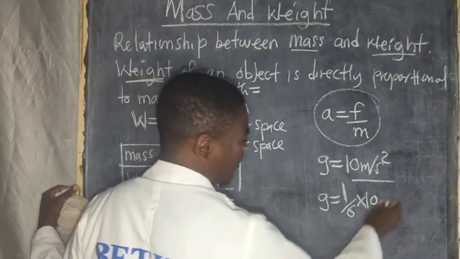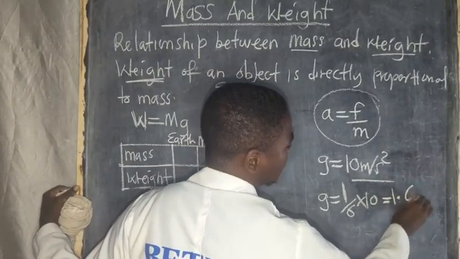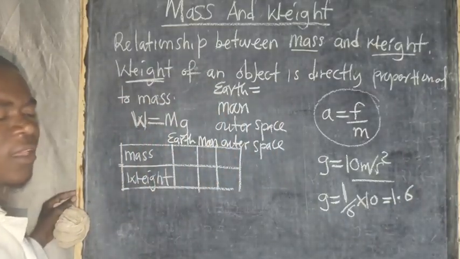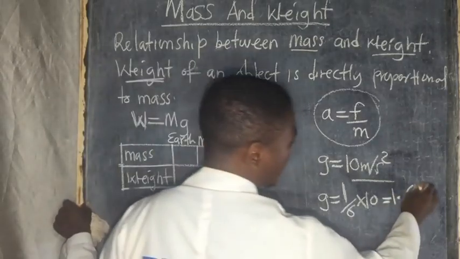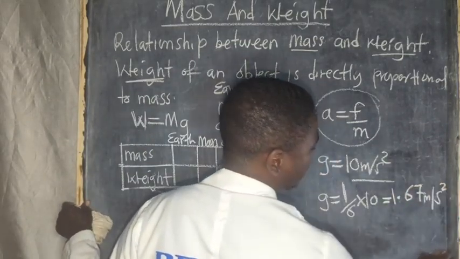So it is 1 over 6, which gives us somewhere around 1.67 meters per second squared.